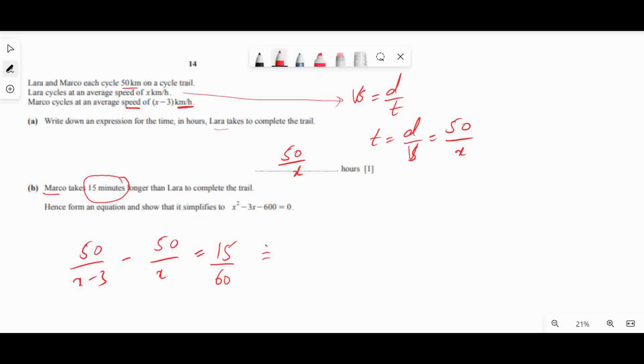Okay, fine. So we need to simplify it. So this will be equals to 50x minus 50 into x minus 3, whole divided by x into x minus 3, is equals to 15 by 60. Now we need to cross multiply it.